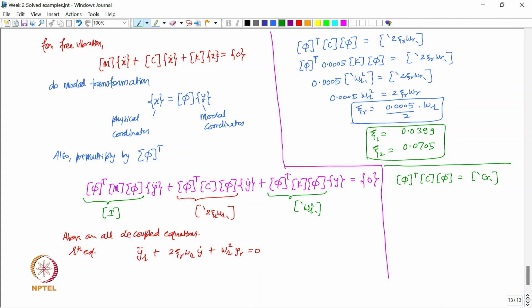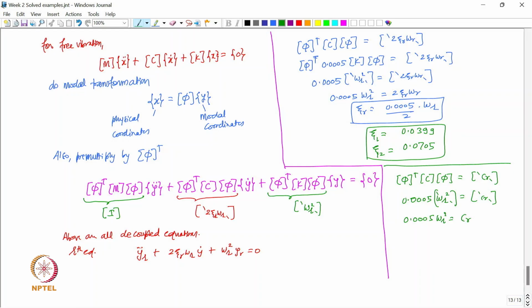So, we can also write in general phi transpose C phi as Cr, and now if I substitute in place of C 0.0005 K, then I can write this as 0.0005 omega r square is equal to Cr. So, this is an alternative way to reach the same result.